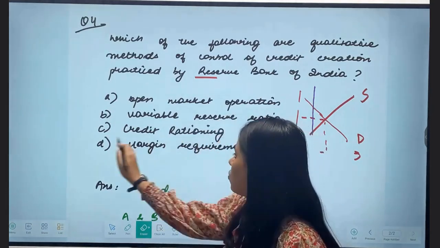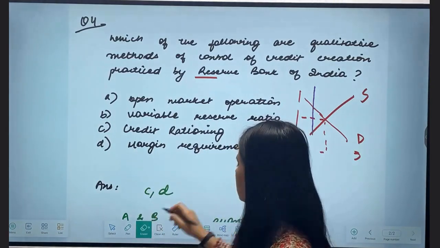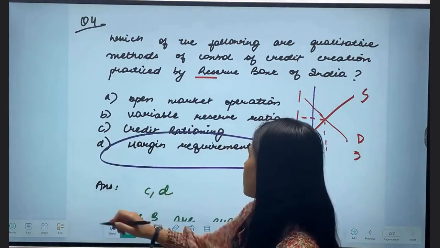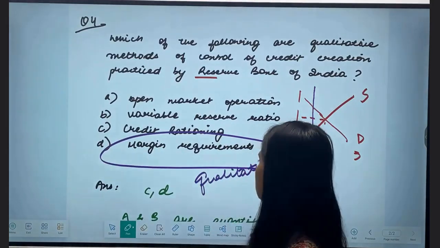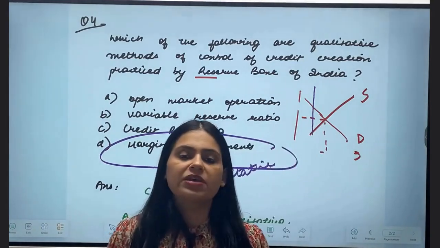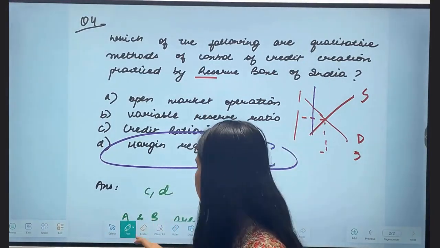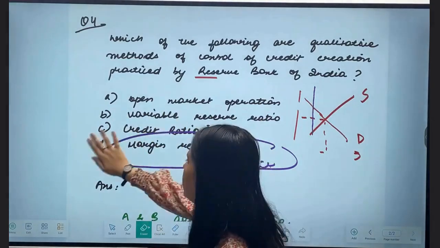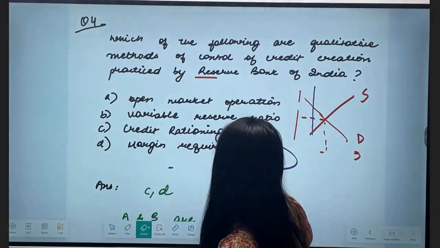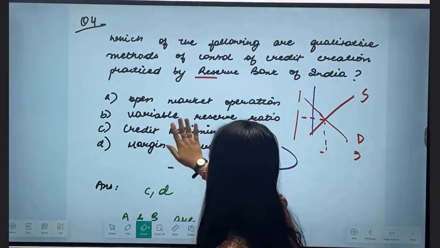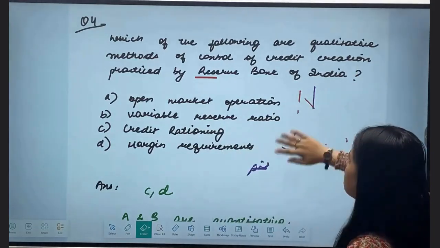So margin requirement is also a qualitative measure. This is also something you should be knowing. So what will be the answer to this question? Beta, C and D. They are the right answers. Okay. Let's go to the next question.